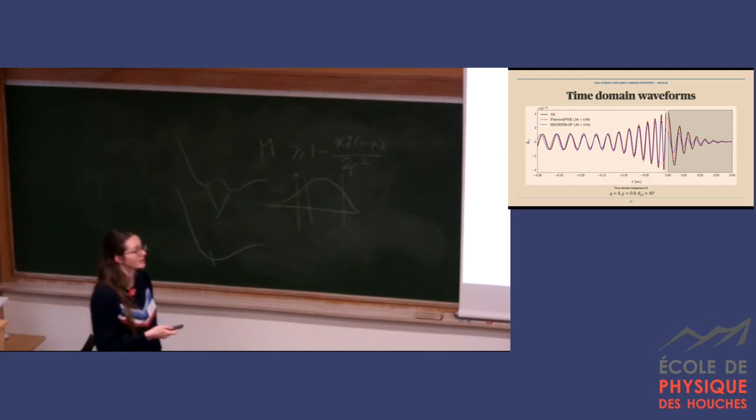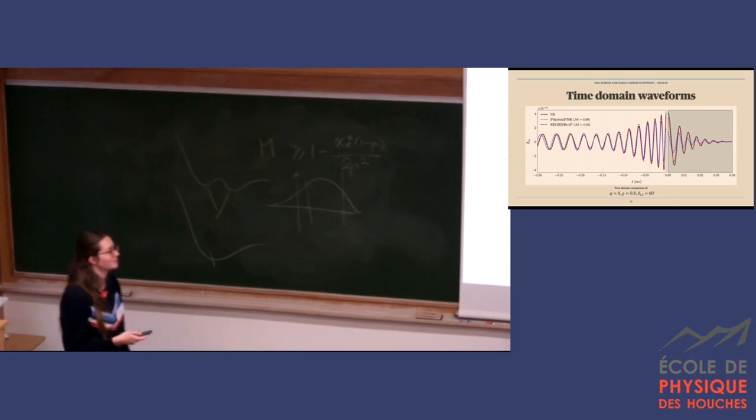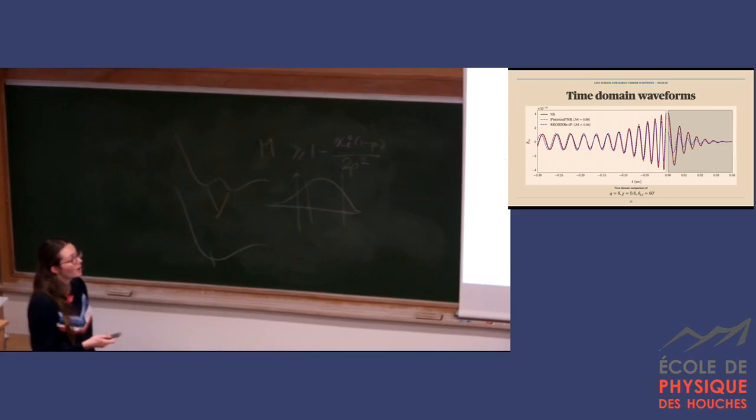But when you do account for it, in red, you're able to capture the phasing correctly. Likewise, the shape of beta through merger and ring down is what gets you the correct envelope shape, the right amplitude of your waveform going through merger and ring down.